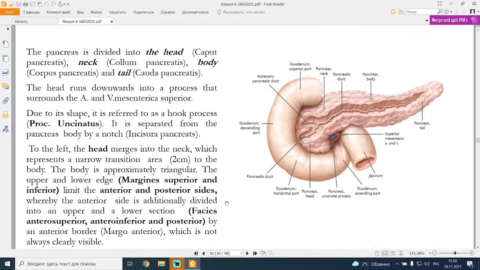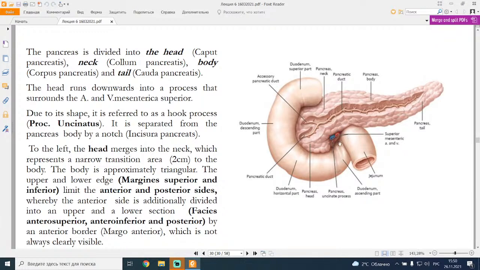The pancreas is divided into head, caput pancreatis, neck, collum pancreatis, body, corpus pancreatis, and tail, cauda pancreatis. The head runs downward into a process that surrounds the arteria and vena mesenterica superior.